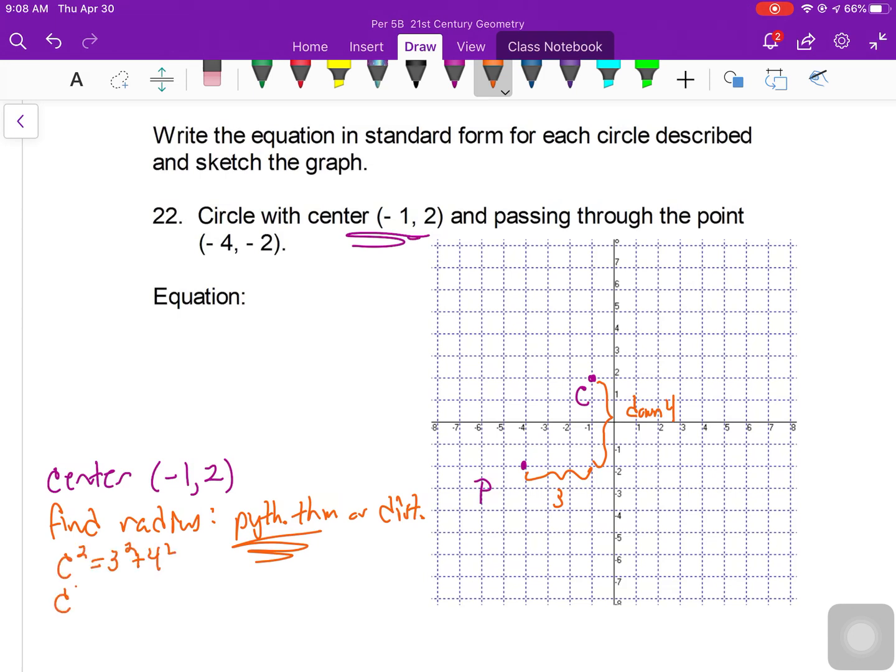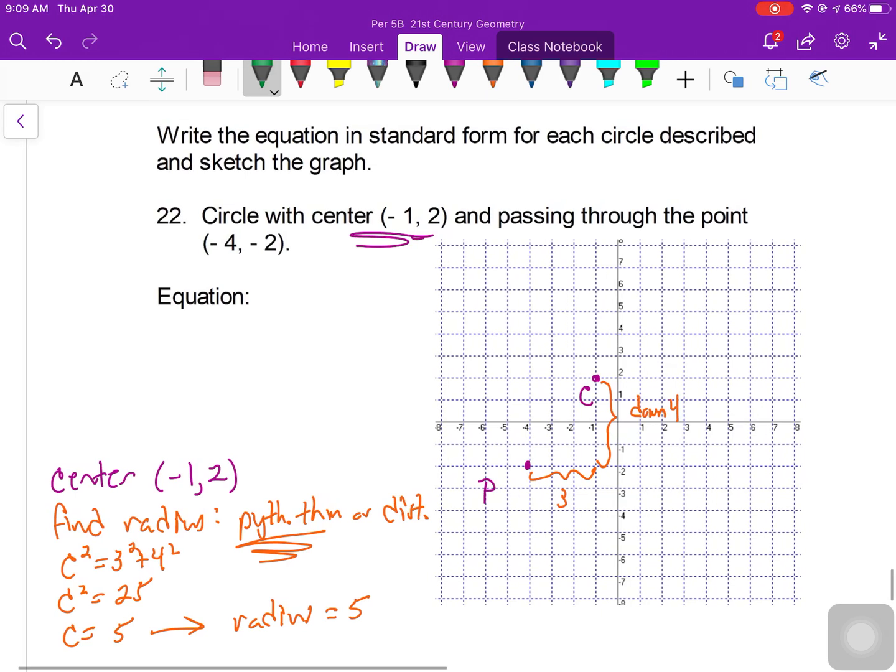So in the Pythagorean theorem, c squared would equal 3 squared plus 4 squared. Now we've seen this before. I know that c is 5, so my radius is 5.